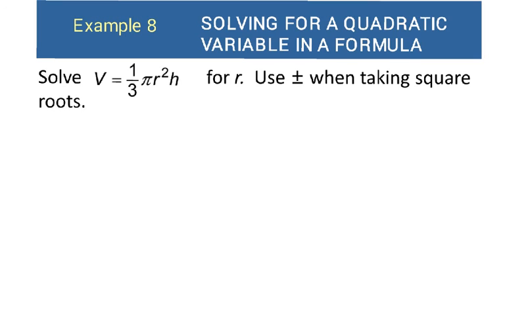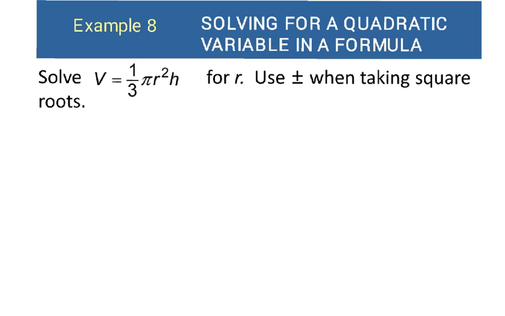In the next section, we'll be discussing some application problems, just like we did with the linear equations. So this is just a little preview of something we'll be doing in the next section.